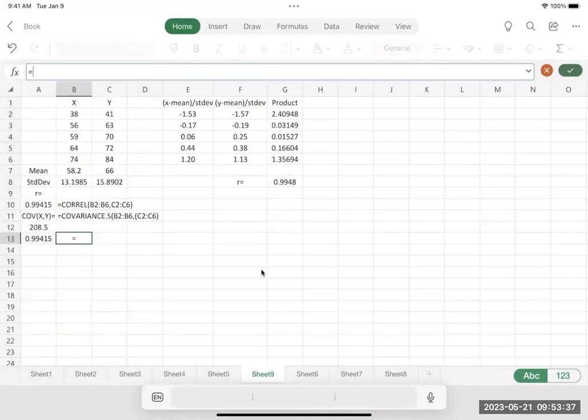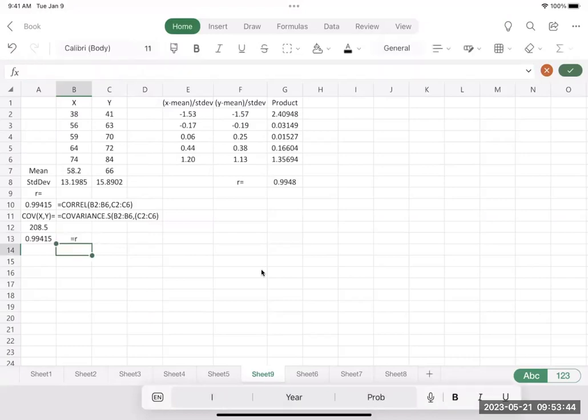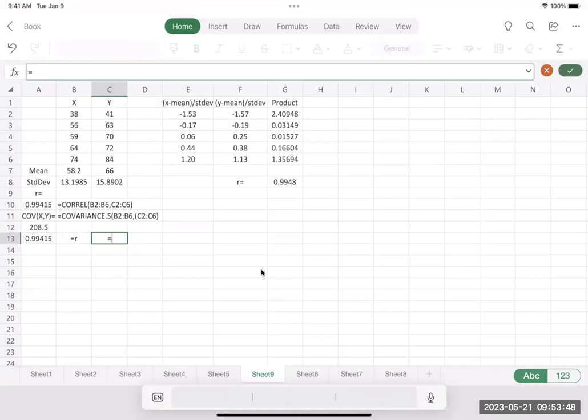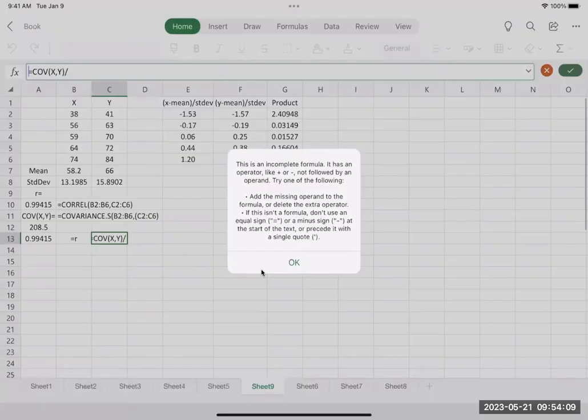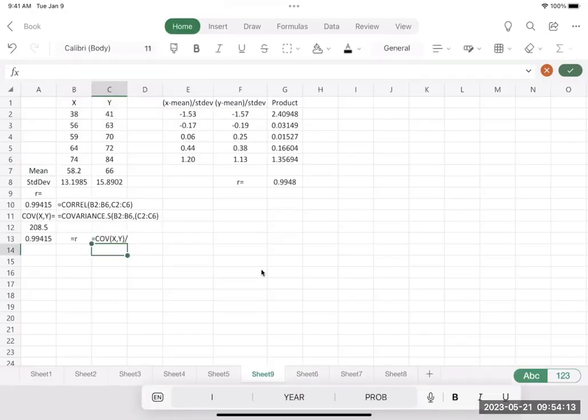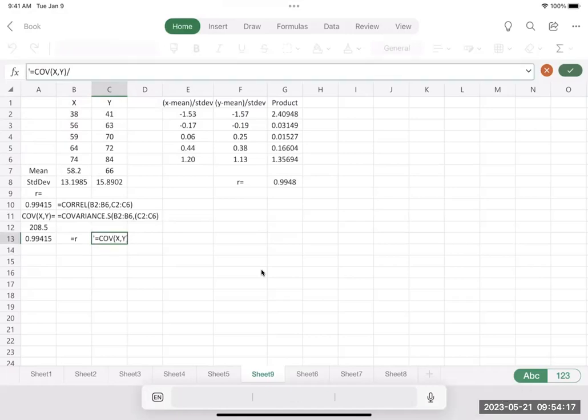Oh my gosh, it won't let me do lower cases.